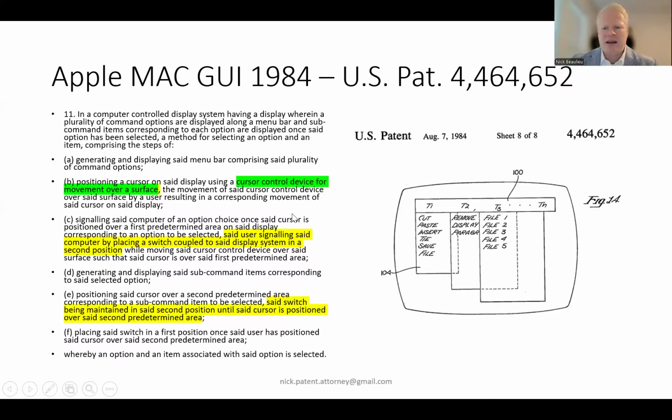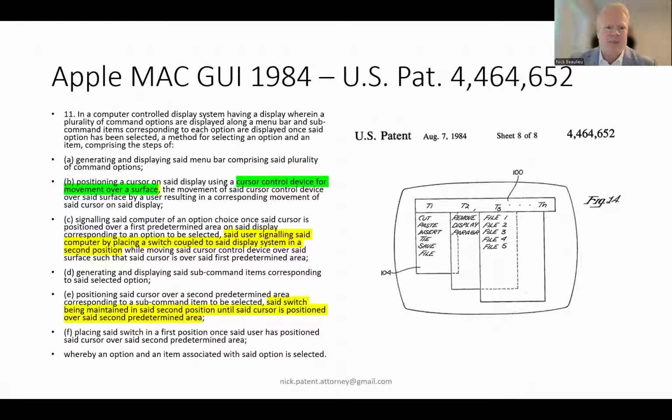And I highlighted a couple areas that I thought would be interesting. So the green, I have cursor control device for movement over a surface. So this patent is from 1984, and I think this is directed to our mouse. So a lot of screens now, especially like phones and tablets, are touch screens.